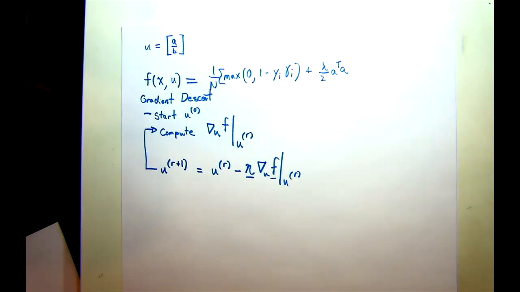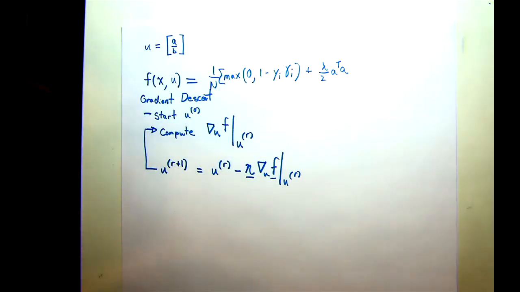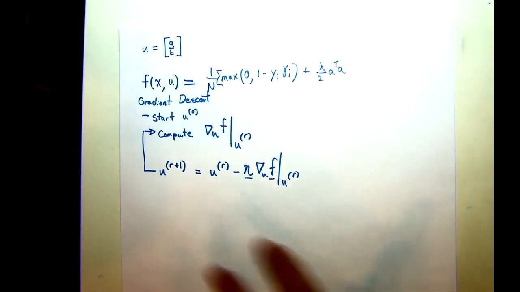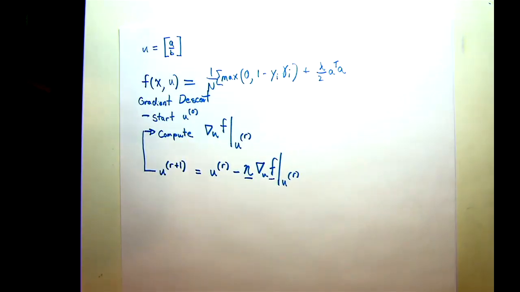Now, gradient descent works really well. There are some conditions we're going to talk about for selecting the step size, how big of a step we take each time. But the bigger issue is that with really large data sets, gradient descent becomes impractical.